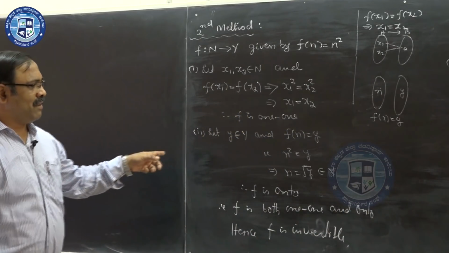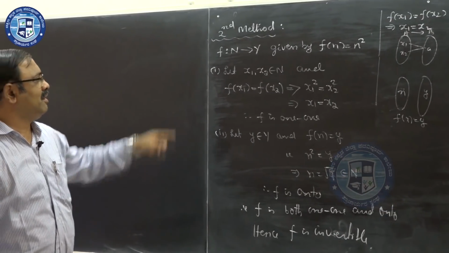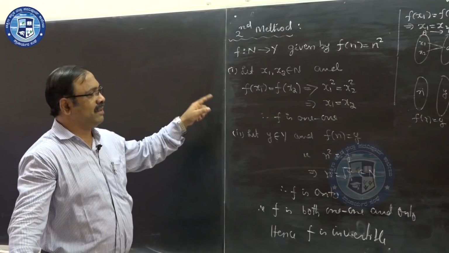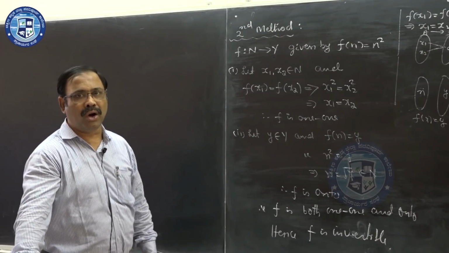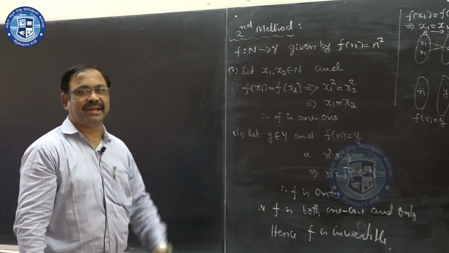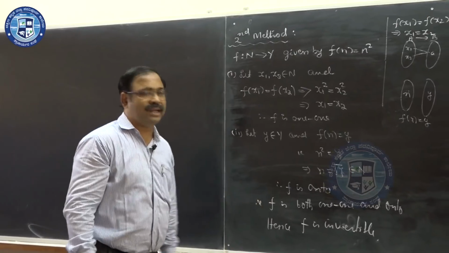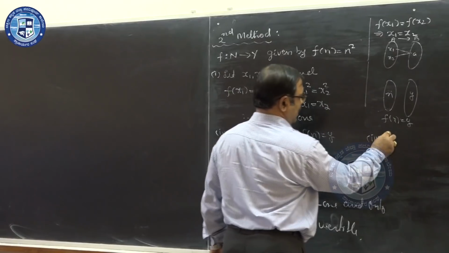We have already seen this in the definition of an invertible function: if f is invertible, then f is always one to one and onto, or conversely, a one to one and onto function, a so-called bijective function, must always be invertible. So f is invertible, and then we can find the inverse.